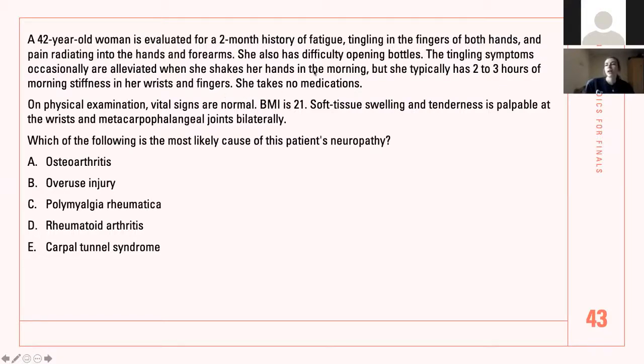She takes no medications. She's got a normal BMI, soft tissue swelling and tenderness in the wrists and metacarpophalangeal joints bilaterally. So what should be the cause of this patient's neuropathy? Osteoarthritis, an overuse injury, polymyalgia rheumatica, rheumatoid arthritis, or carpal tunnel syndrome.